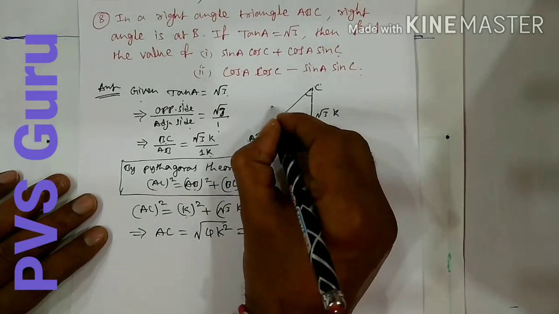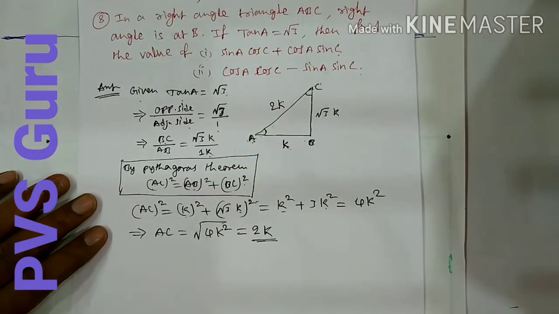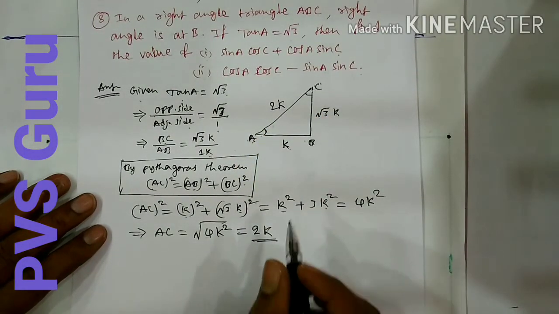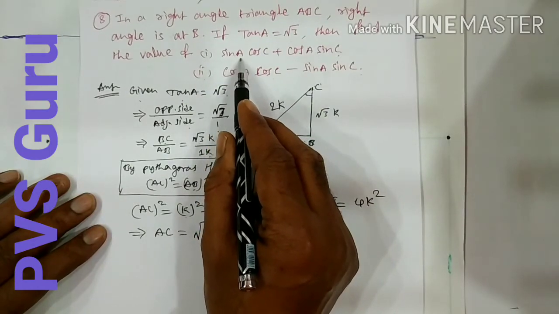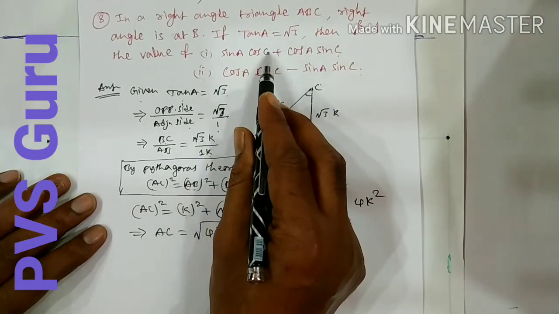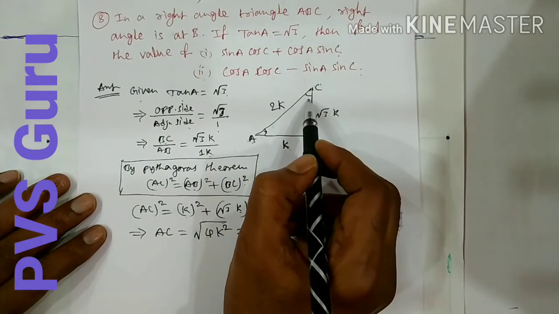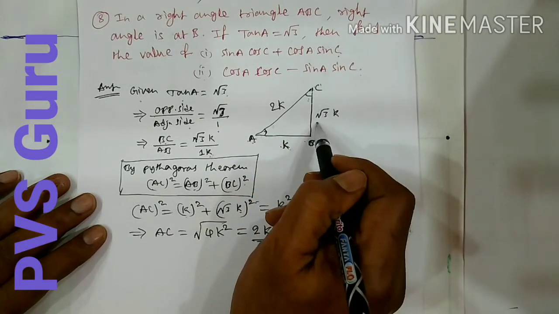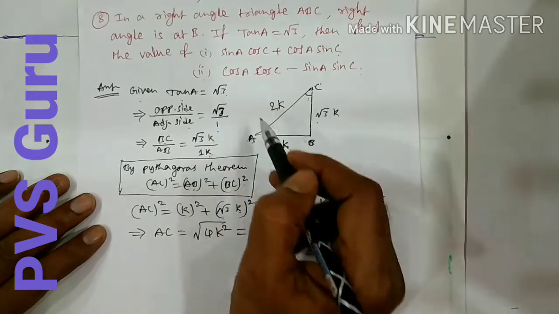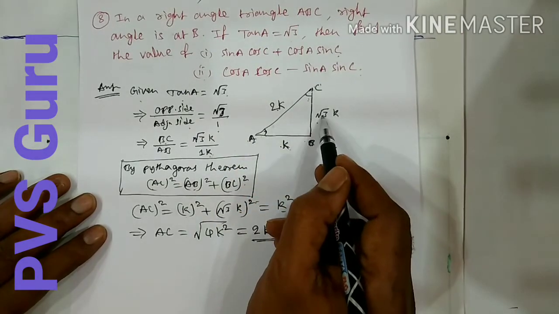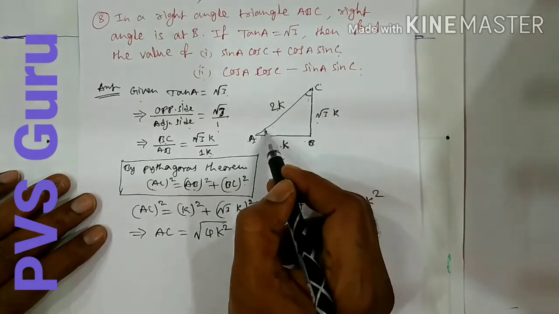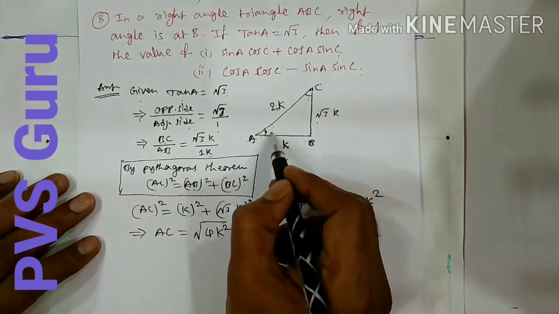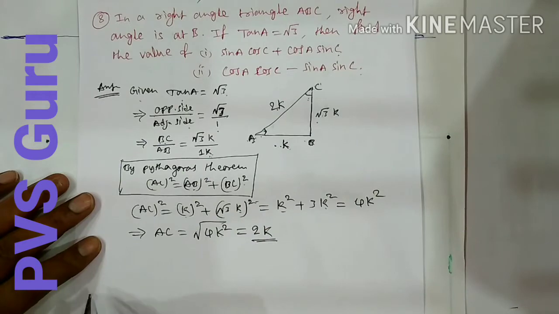So the hypotenuse is 2k. Now in the question, sine with respect of angle A and cos with respect of angle C. With respect of angle C, this is the opposite side, this is the adjacent side, this is the hypotenuse. With respect of angle A, BC is the opposite side, AB is the adjacent side, AC is the hypotenuse. Remember this in mind and do the problem.